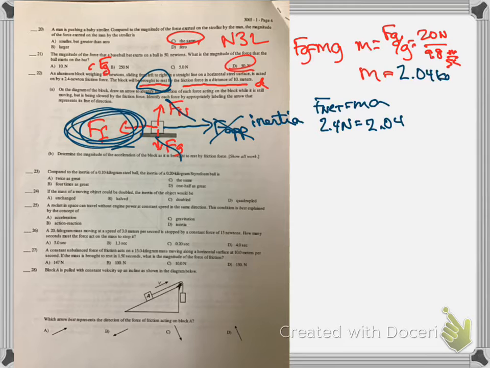So when I solve for a, 20 divided by 2.04 is, that's not right. It's not 20. It's 2.4 divided by 2.04, which is equal to 1.176 or 1.2 meters per second squared.